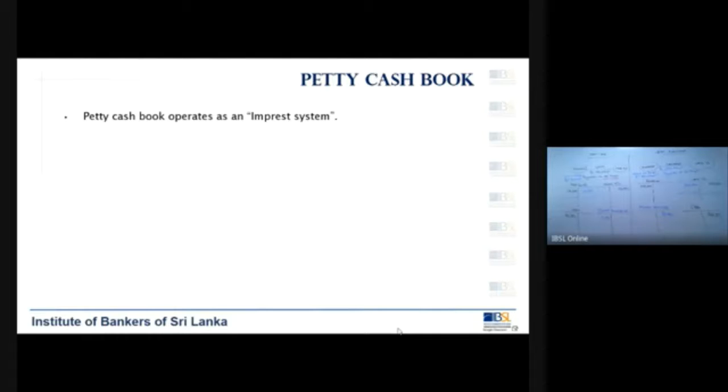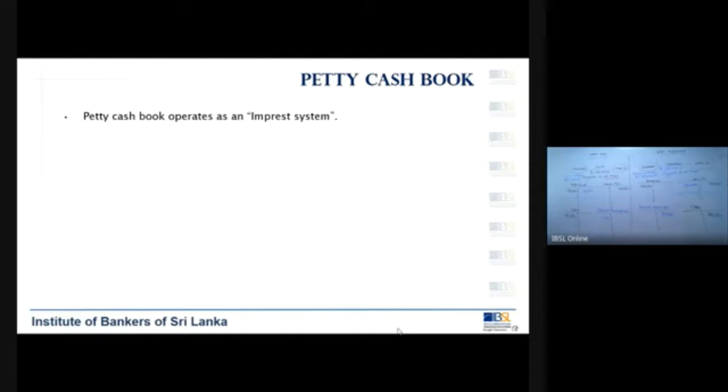So when they visit these places, they might want to get reimbursed the taxi fare. The taxi fares are very small amounts, 250 rupees, 300, maybe leading up to 1000 rupees, where you don't want to go to the main cashier or the accountant to get that amount reimbursed.